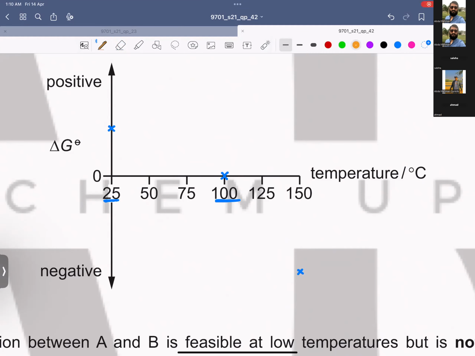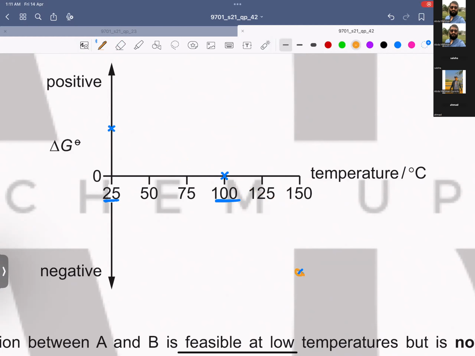So these are the two things that you have to keep in mind, that at 25 and then at 100, it would be, no, sorry, it would be a straight line, and in that straight line it crosses the x-axis at 100 degrees Celsius only.